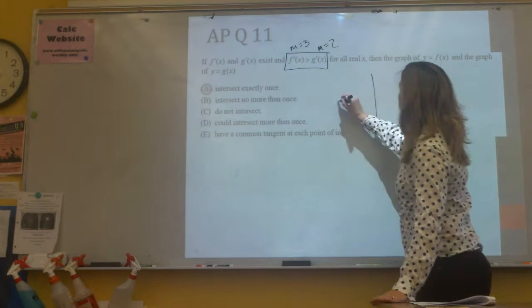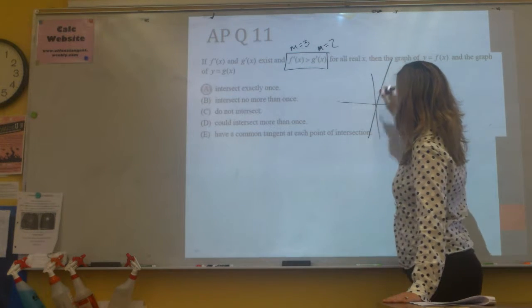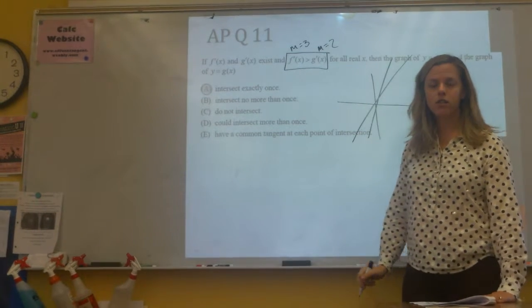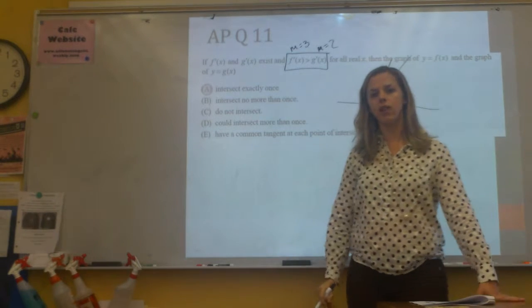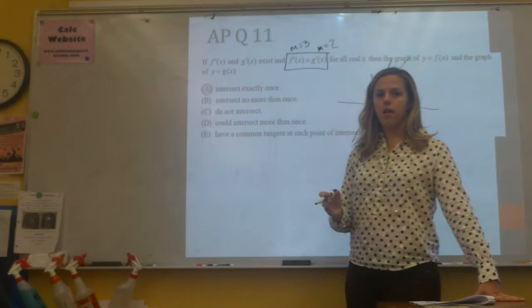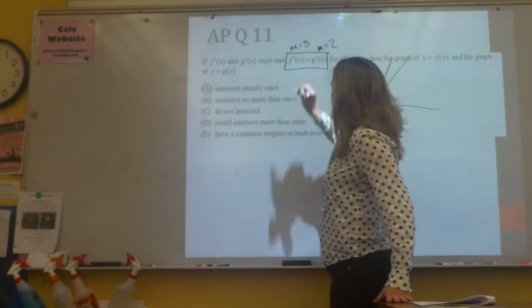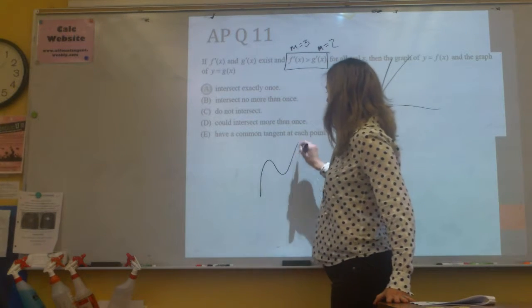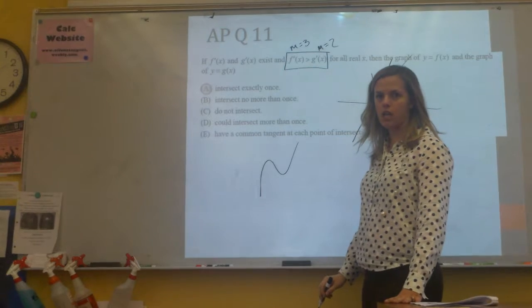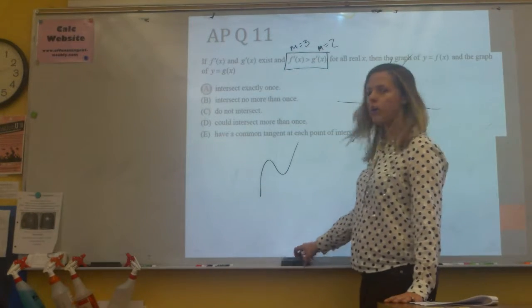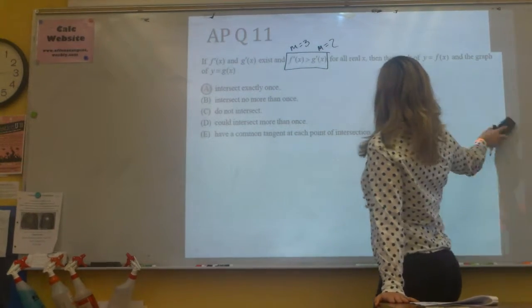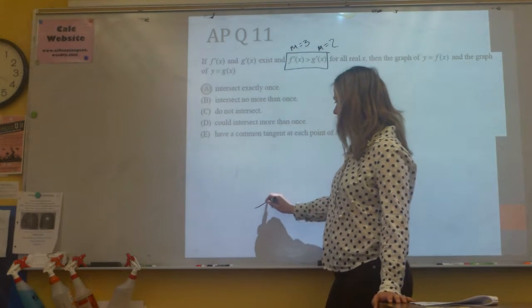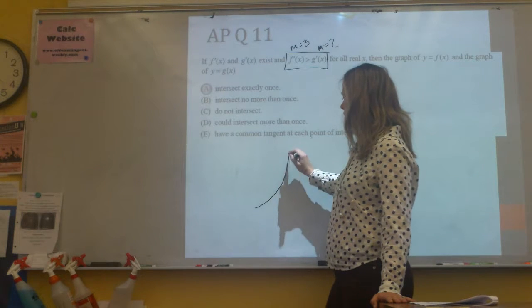But let's say if I have a slope of 3 versus a slope of 2, they have to intersect. The slopes are different, they're going to intersect somewhere. But if this one's always bigger everywhere, you can't be doing this curvy pattern here. If it's always bigger, you have to be monotonic. You have to be increasing the whole time.